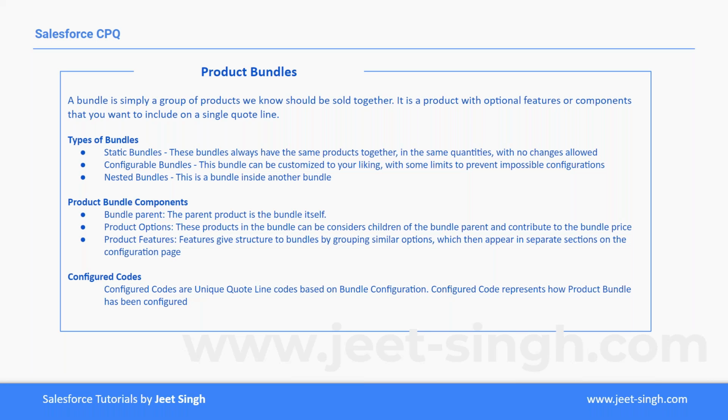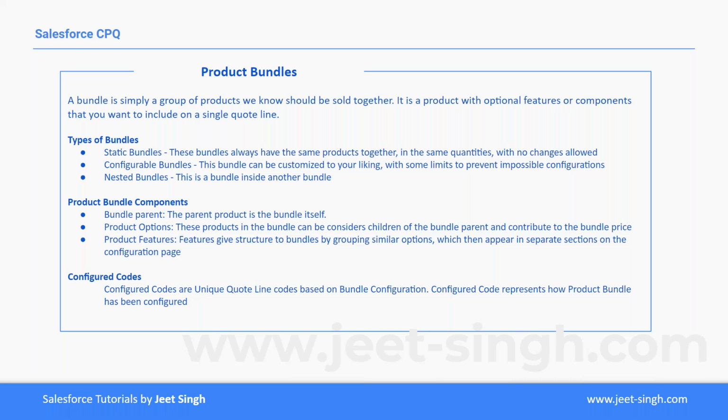Now, why do we need this? This configured code represents how the product bundle has been configured. You have added a product bundle to the quote, and it got added as a line item.